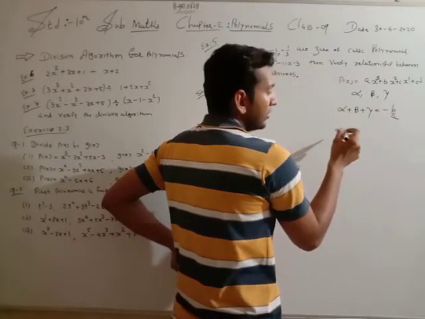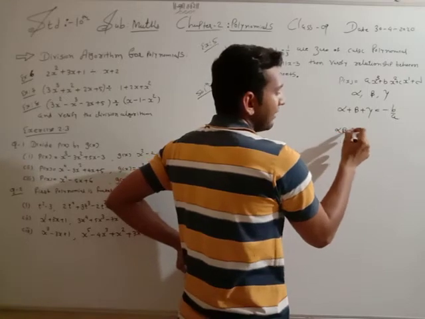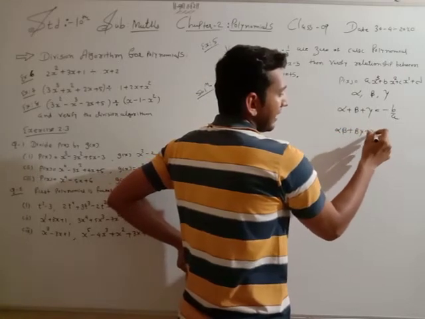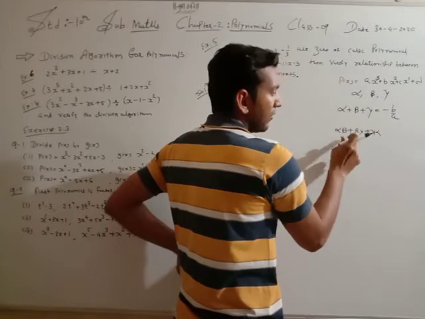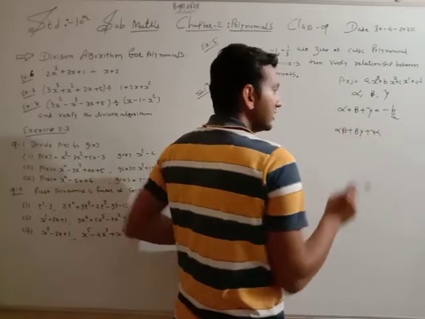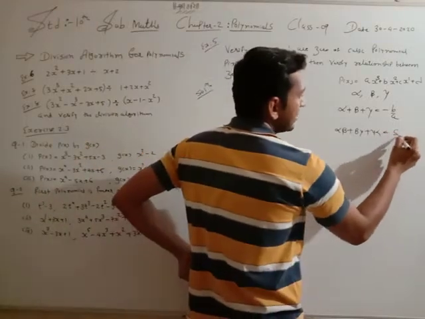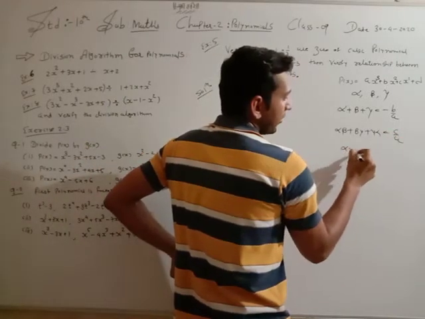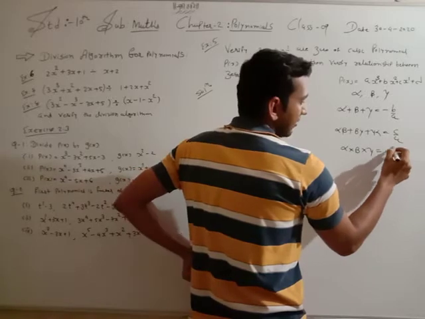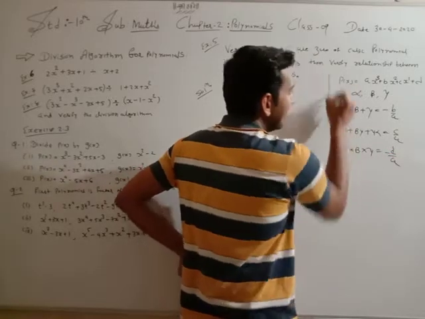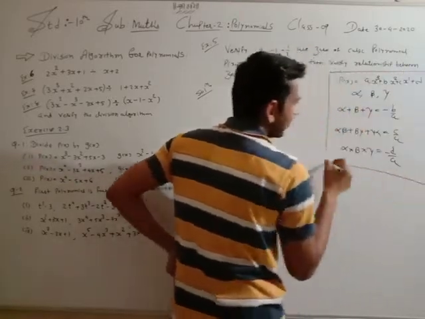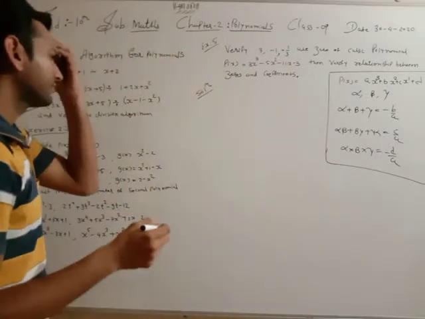The sum of the product of two zeros at a time, alpha beta, beta gamma, gamma alpha, is equal to c by a. And the product alpha beta gamma is always minus d by a. This is your concept.